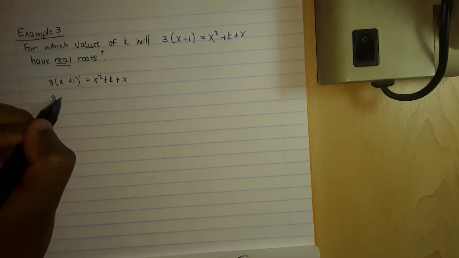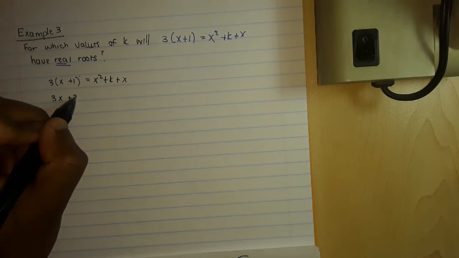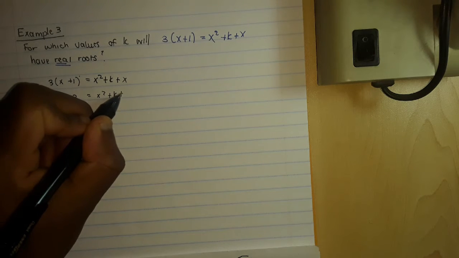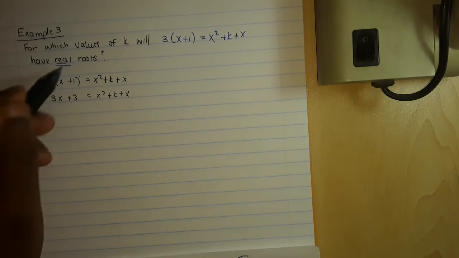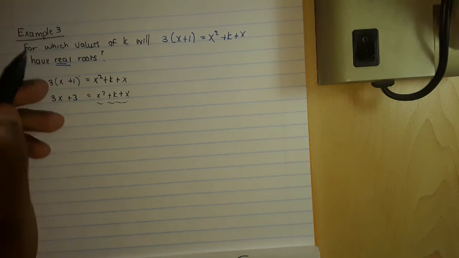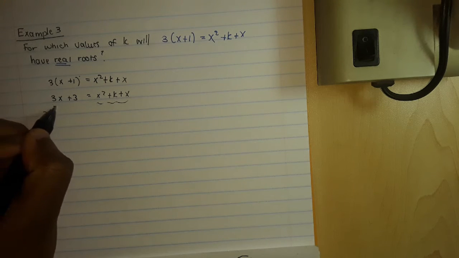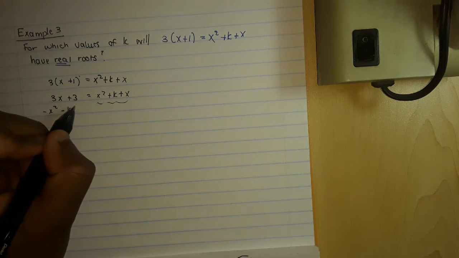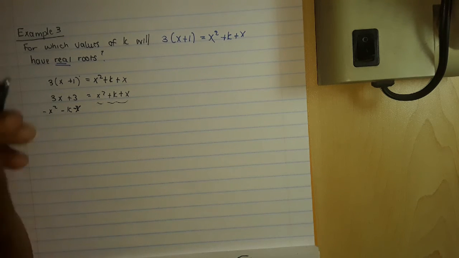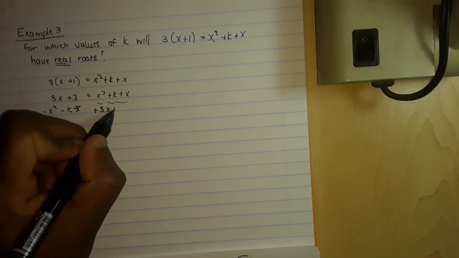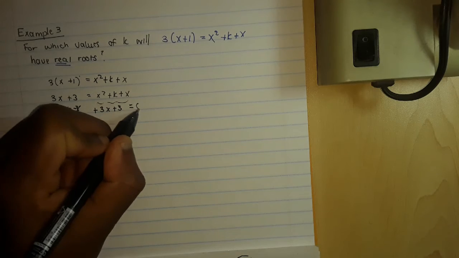I'm going to multiply out: 3x plus 3 equals x squared plus k plus x, and then I'm going to put all these terms on the other side, and then we'll have minus x squared minus k plus minus x, and then we'll have these terms plus 3x plus 3 equals 0.